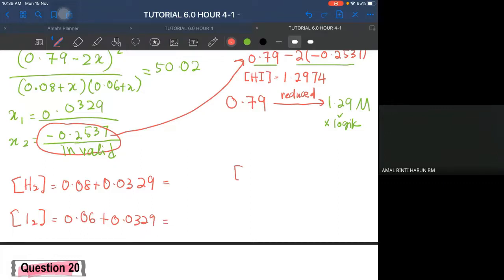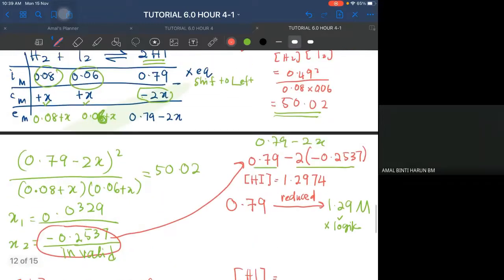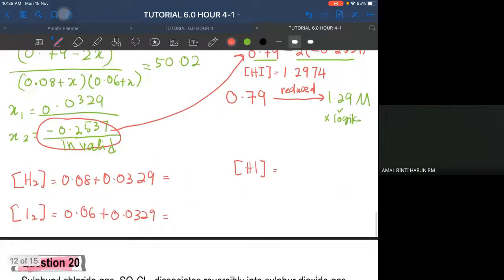And concentration HI is 0.79 minus 2x. Okay.